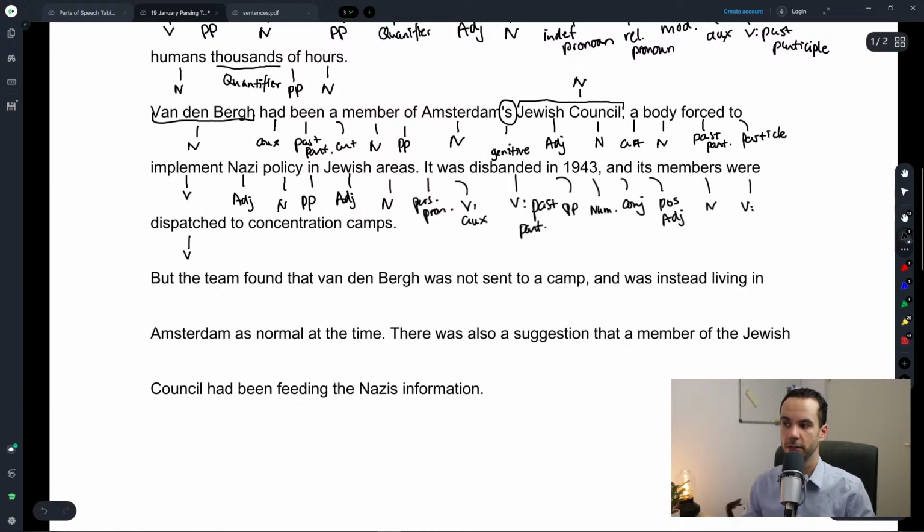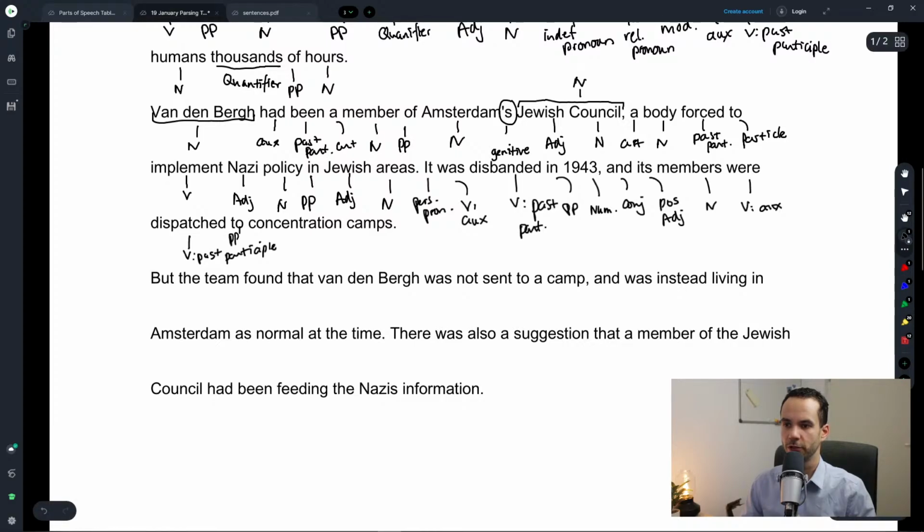So were is in this case our auxiliary verb. Dispatched is our past participle. Again, we have a passive construction because these people were not dispatched by themselves, but they were dispatched by someone else, and because they were dispatched by someone else, we use a passive construction.